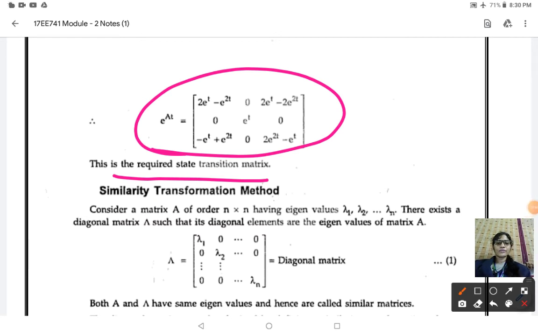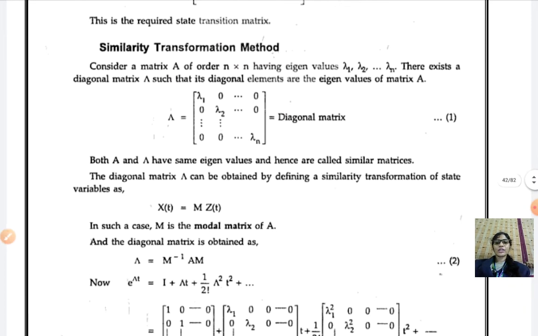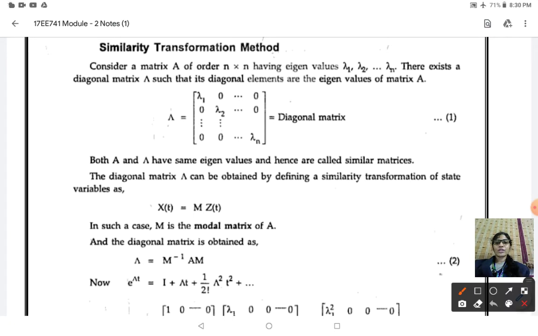Are you all clear? So the next method of identifying your state transition matrix is the similarity transformation method. In the similarity transformation method, we all know that the matrix A is of the order n cross n. So we will get the number of state variables.